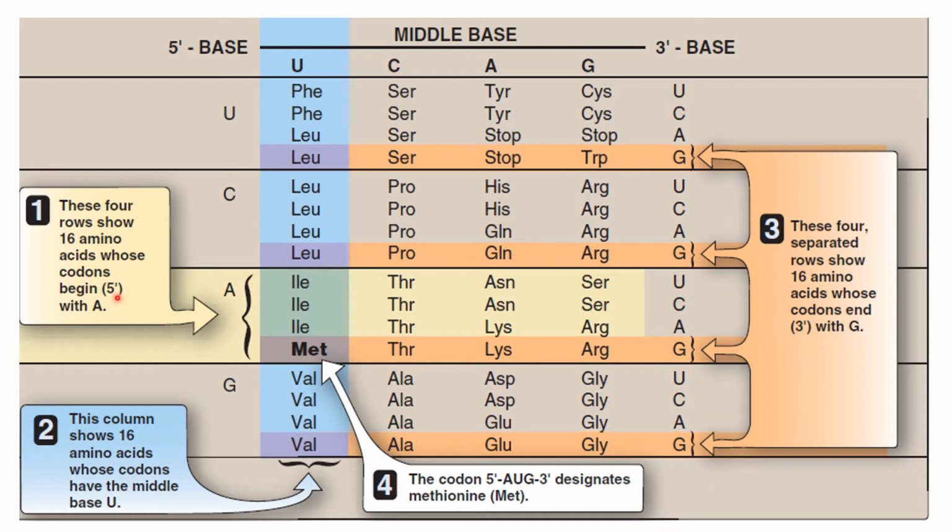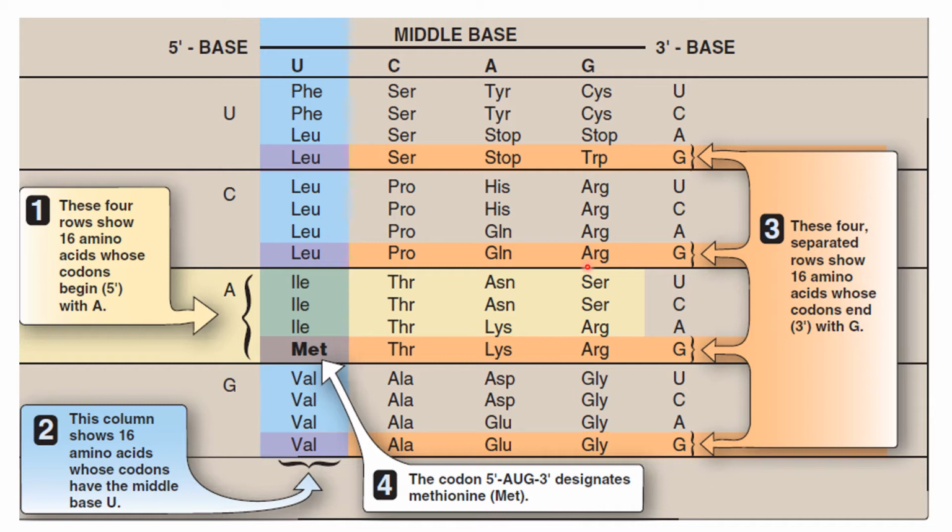About 16 amino acids start with an A nitrogenous base. Similarly, 16 amino acids contain U at the middle of their codon. And AUG is also a start or initial codon, the start codon.